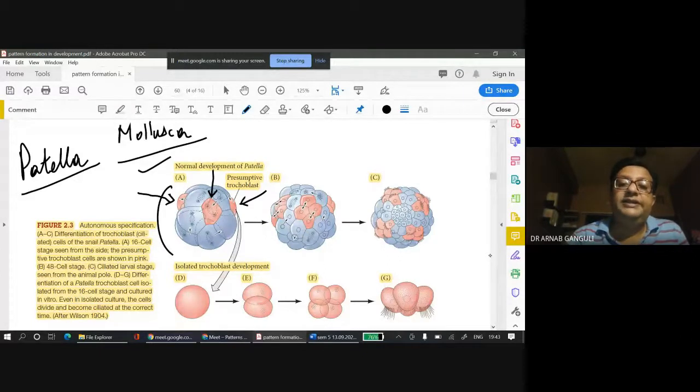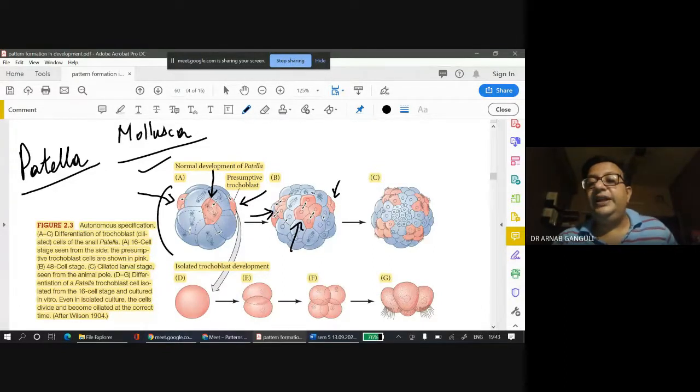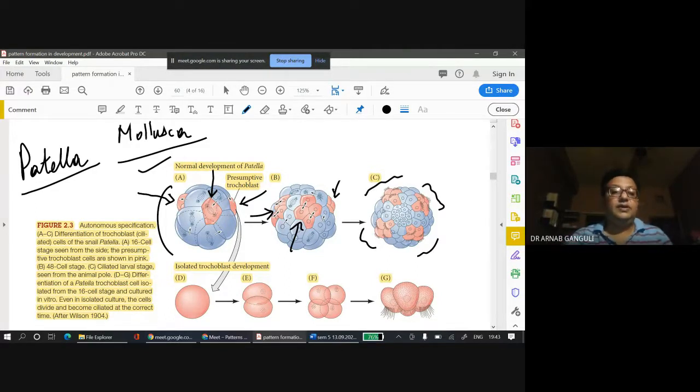So the cells keep on dividing here. All the cells are dividing. And finally, you find these ciliated trochoblast cells formed in the trochophore larva. Due to the formation of the trochophore, these ciliated cells are formed.